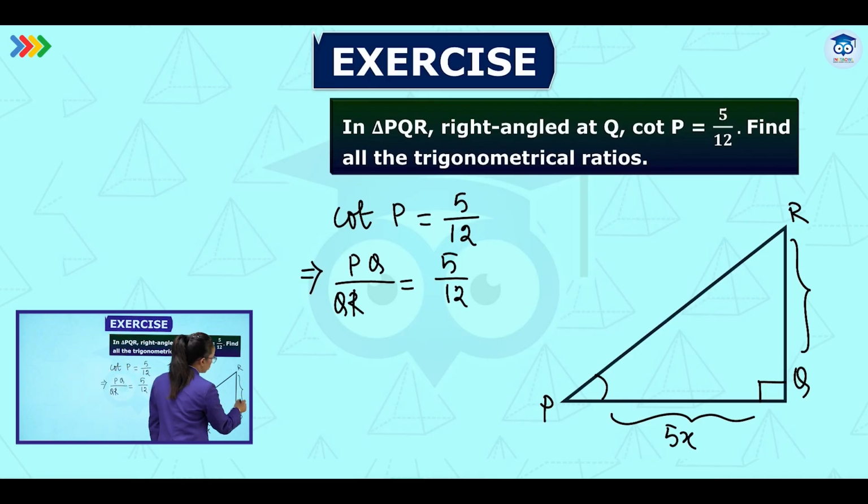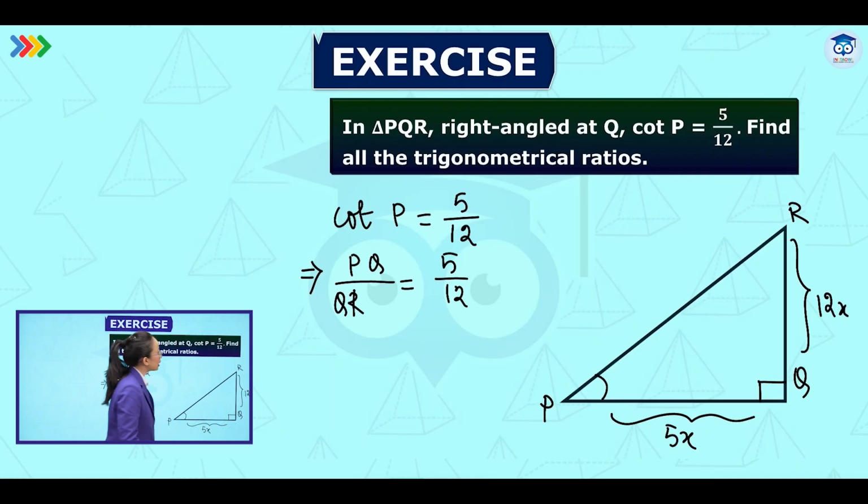This QR becomes the multiple of 12, so we can consider it as 12x. See, one thing I would like to tell you is that it doesn't mean that the PQ length has to be 5. It is the ratio, so it may have cancelled a few numbers. So we can take it as 12x and 5x.